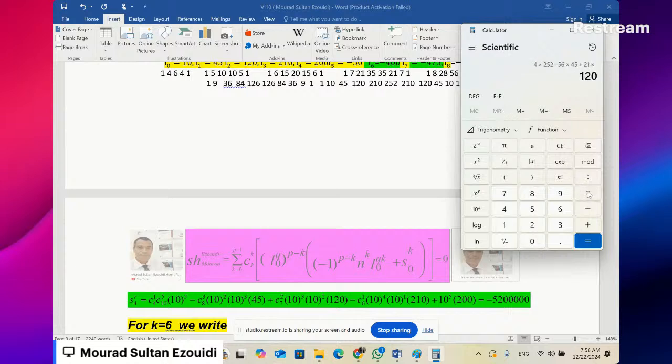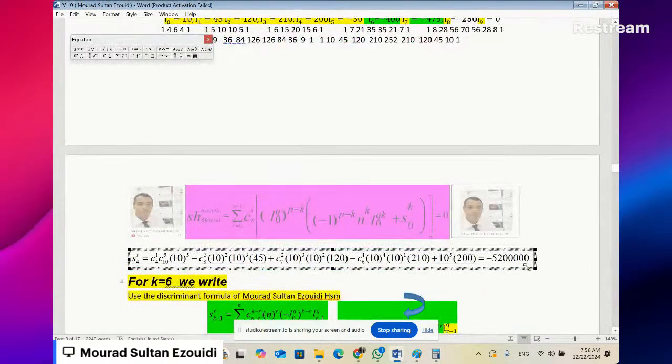Minus 6 multiplied by 210. Then plus 200. This one is equal, in fact, to negative 52. Negative 52 should now be multiplied by 10 raised to the power 5. It will be equal to negative 5,200,000.